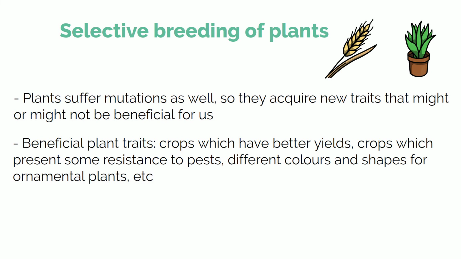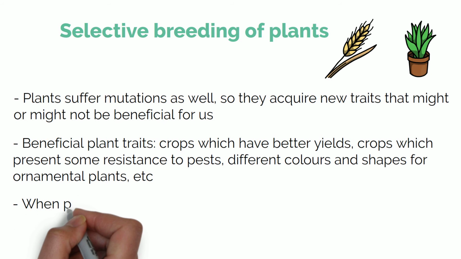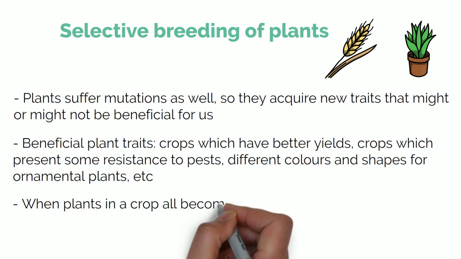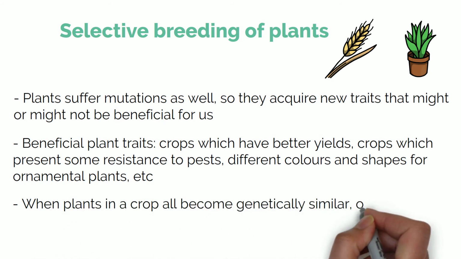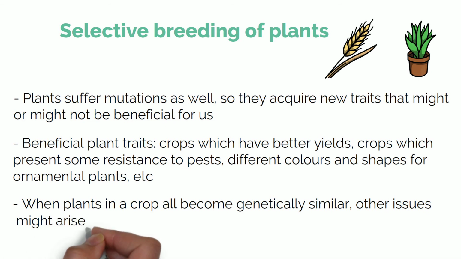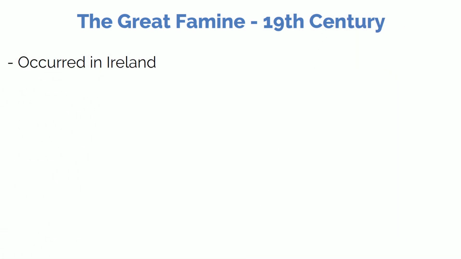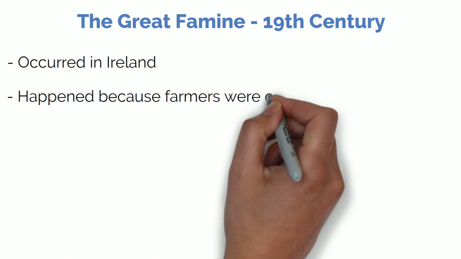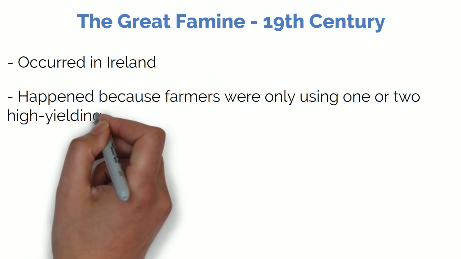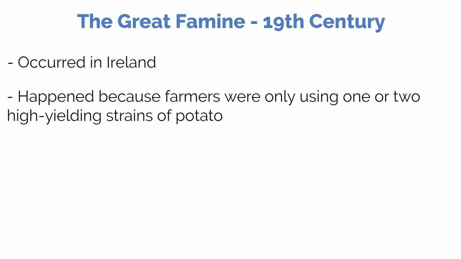But as with animals and their congenital diseases, when plants in a crop all become genetically similar, other issues might arise. One very famous example of this was the Great Famine in the 19th century. This occurred in Ireland, and it was due to the fact that farmers were only using one or two high-yielding strains of potato.